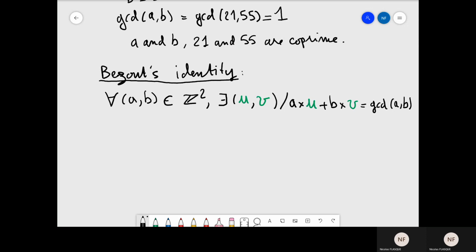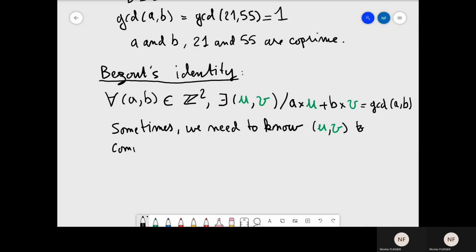Okay, from this definition, what we will withdraw is that sometimes, namely in a few videos to come about computing an inverse modulo some value n, we need to know the couple u, v to compute inverses, and this has a relation with cryptographic keys.